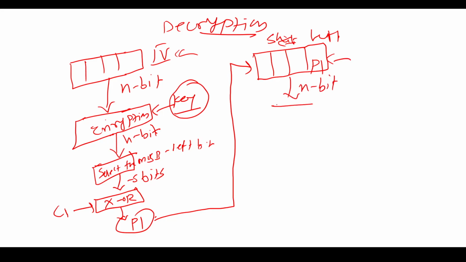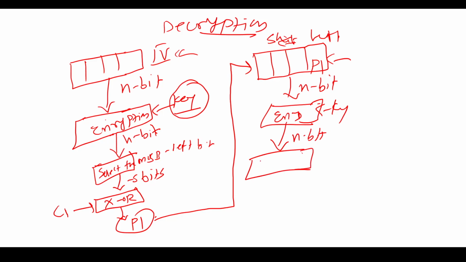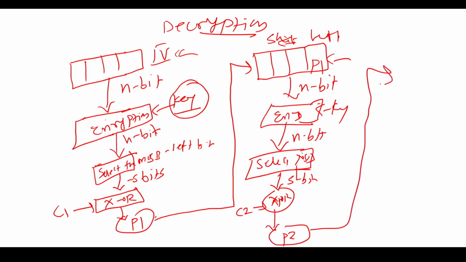So n bits, then encryption along with the key, then again we get n bits, and after getting the n bits, select the MSB, just choose the s bits, and apply the XOR with ciphertext 2, and finally we will get plaintext 2. This process will continue till all the ciphertext is over. Okay, so that's it.